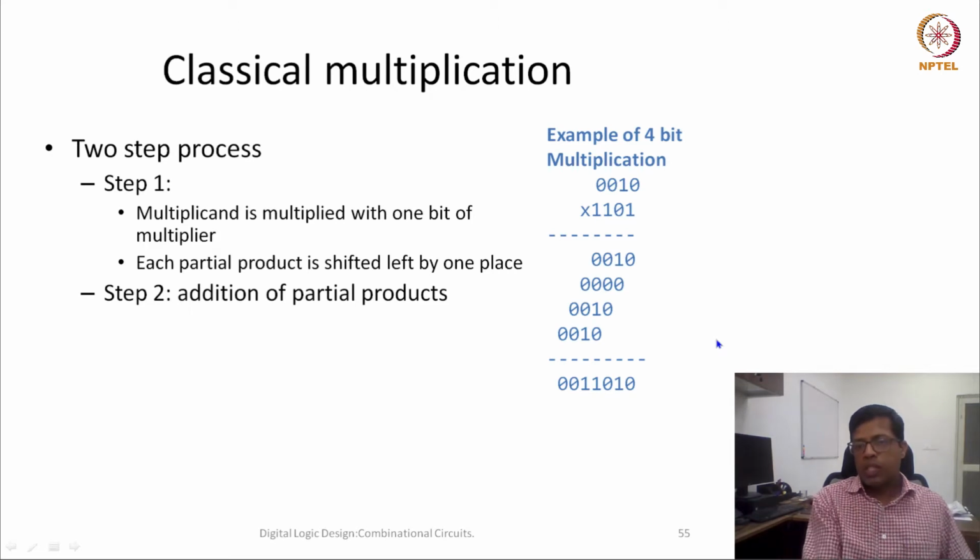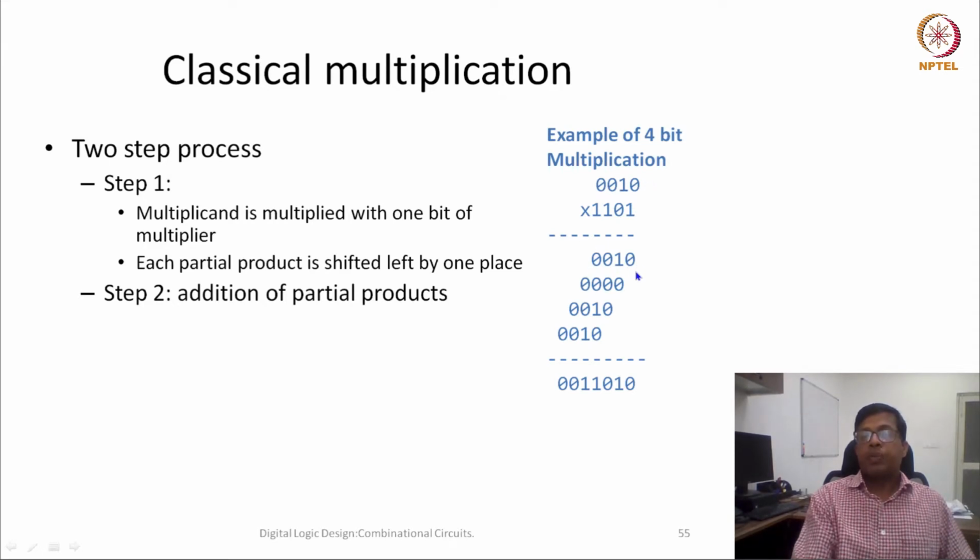What you will see is that the first time we are adding, we put the multiplicand here. And what is the condition for putting the multiplicand here? When the least significant bit of the multiplier is 1. If it is 1, then we put whatever the multiplicand is as the result.